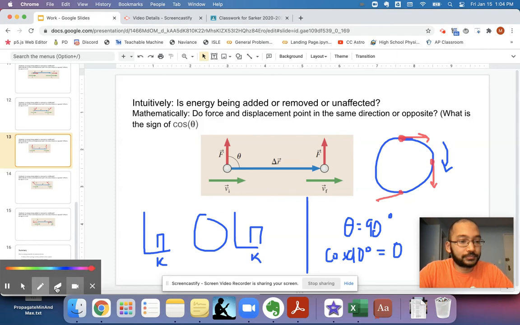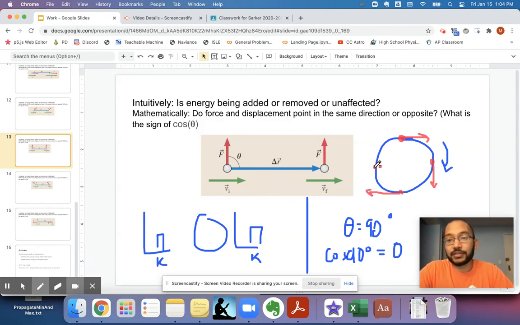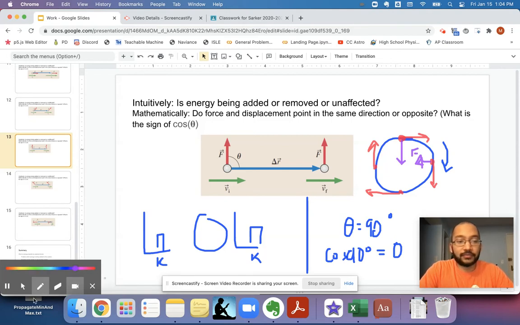Let me erase that. Draw this a little bit more tangential. So the velocity is tangential at each point. And if you can remember, in what direction does the force point? Let me draw that in purple. The force, the thing that causes the object to move in a circle, is towards the center. So purple was the force, and red was the velocity.